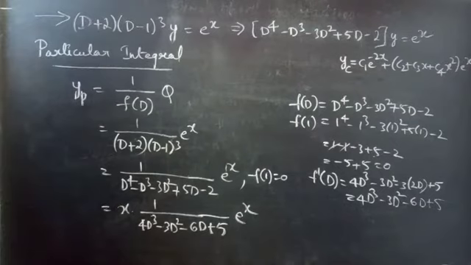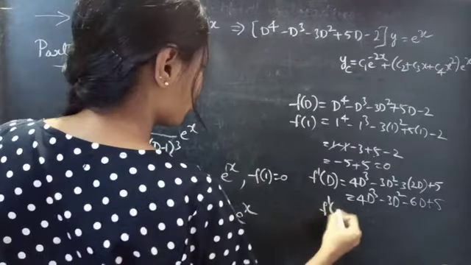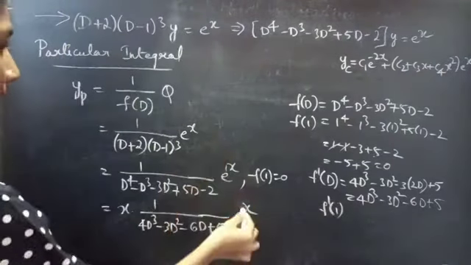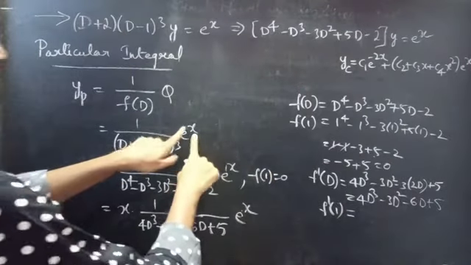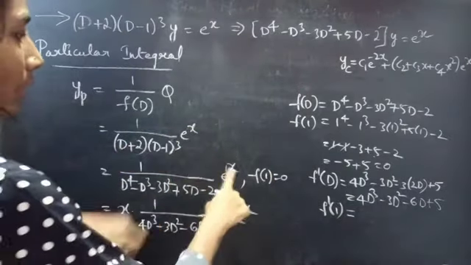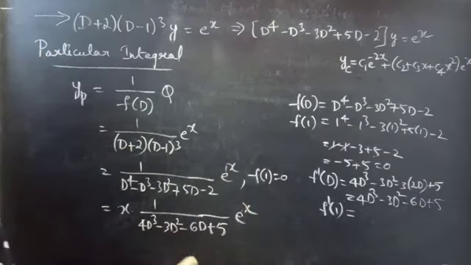Now let's find f dash of 1, right? The exponent of x here is 1, right? So we'll find f dash of 1.